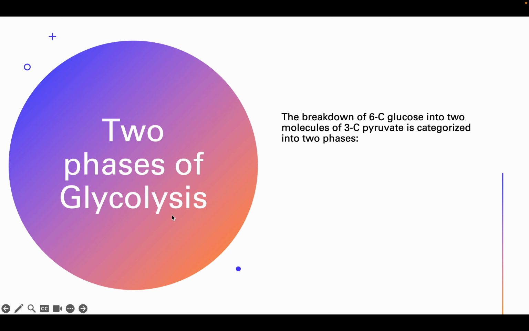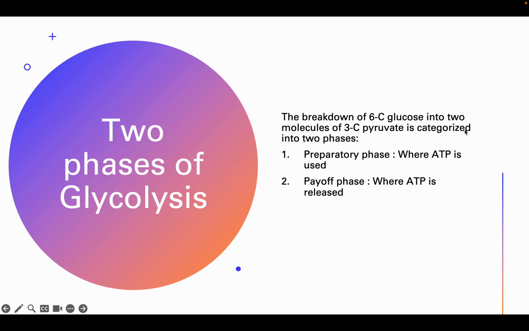The glycolysis breakdown happens in two phases. The first phase is called the preparatory phase, in which the cell is preparing itself for glycolysis, and in this phase ATP is utilized. So in this phase you spend energy to continue different enzyme reactions. The other phase is the payoff phase, where ATP is released.